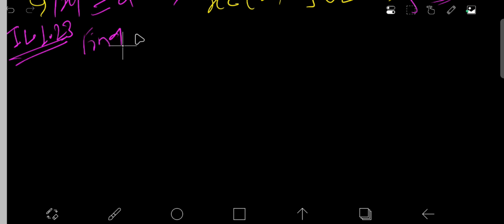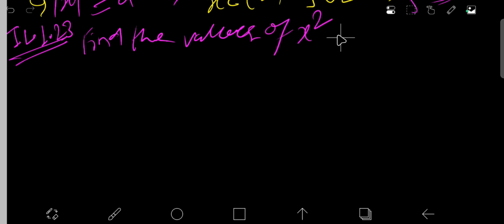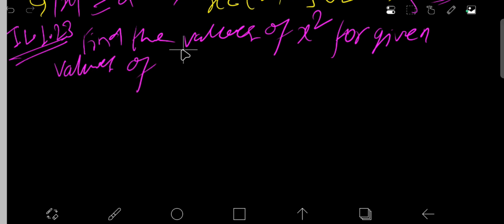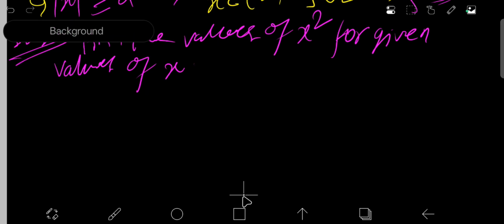Here we write one question from Singh's book, illustration 1.23. The question asks: find the values of x square for given values of x.